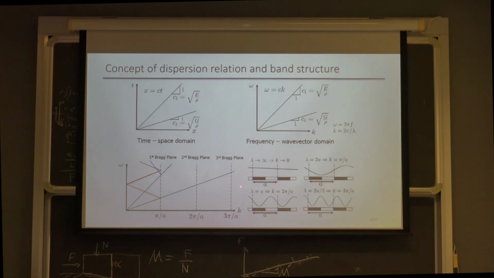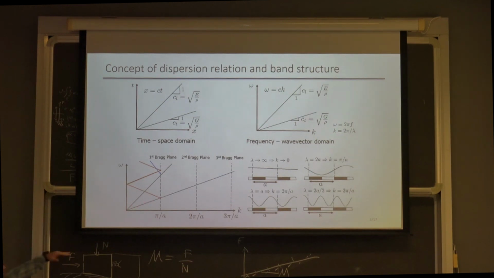But if I introduce periodicity to my system, for example two isotropic materials, then I can show everything just within what is called the first Brillouin zone, and these lines are called Bragg planes.